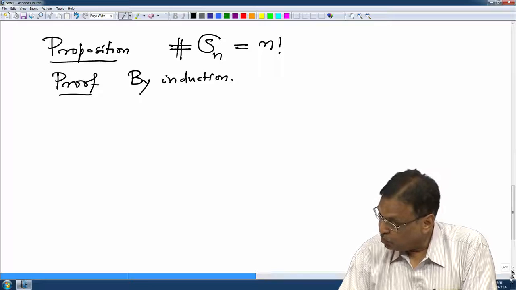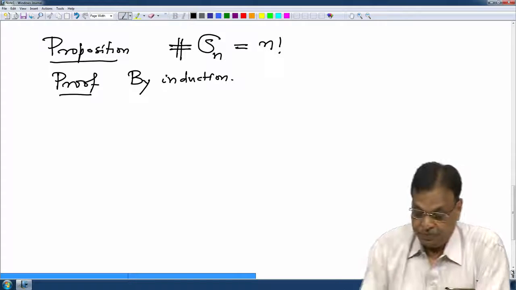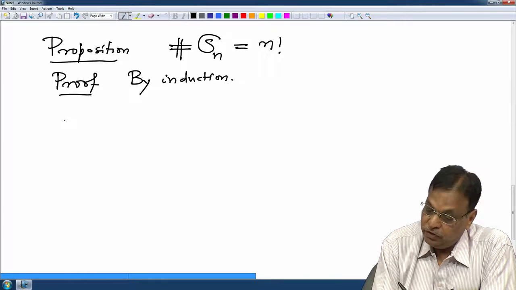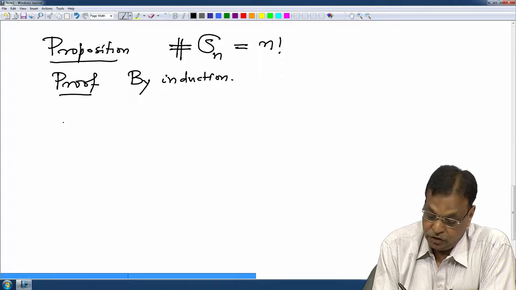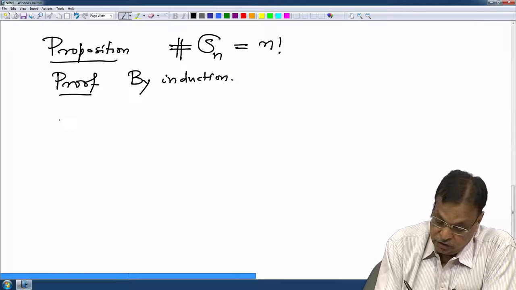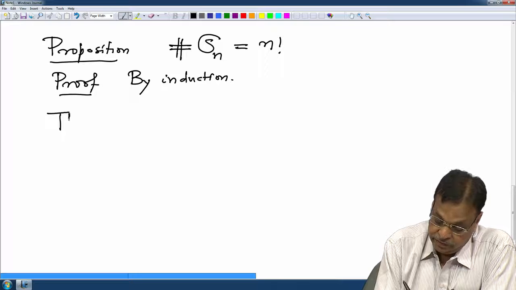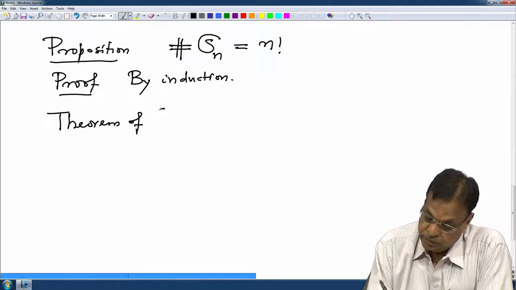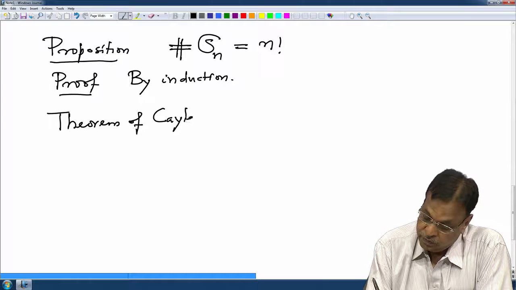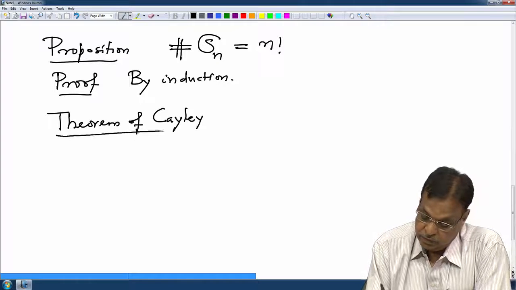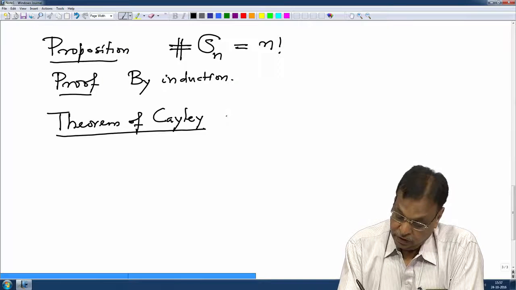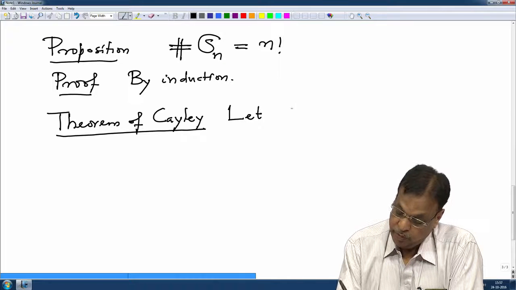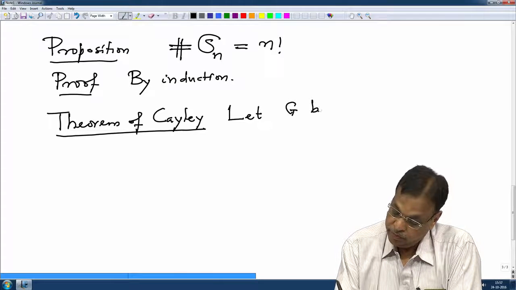So the most important consequence of this permutation group definition is the theorem of Cayley. That says the following: let G be any group.